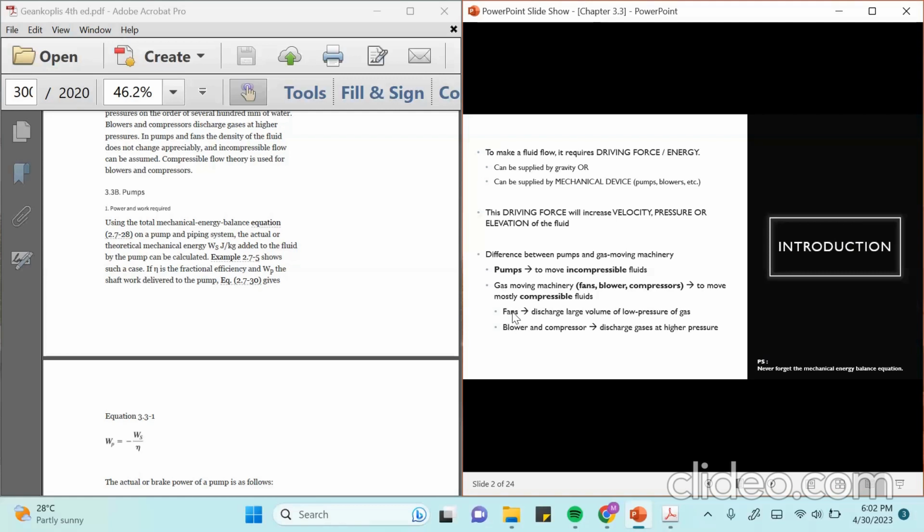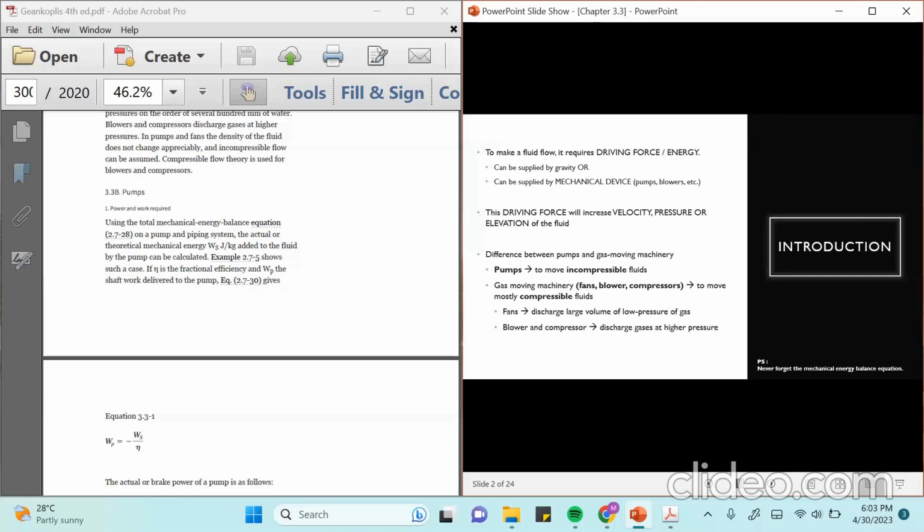Now, fans discharge a large volume of low pressure gas. If you see an exhaust fan maybe in your home, it will discharge a large volume of low pressure gas.